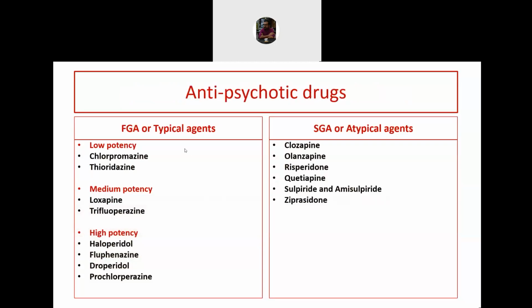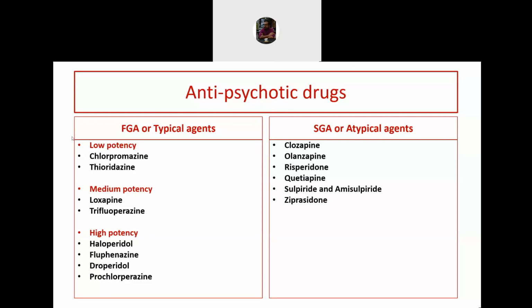The first generation drugs include low potency agents like chlorpromazine, medium potency agents like loxapine, and high potency agents like haloperidol. Haloperidol is also available as a long-acting preparation that can be given once in 3 weeks or 4 weeks. Second generation agents include clozapine, olanzapine, risperidone, quetiapine, sulpiride and amisulpiride, and ziprasidone.